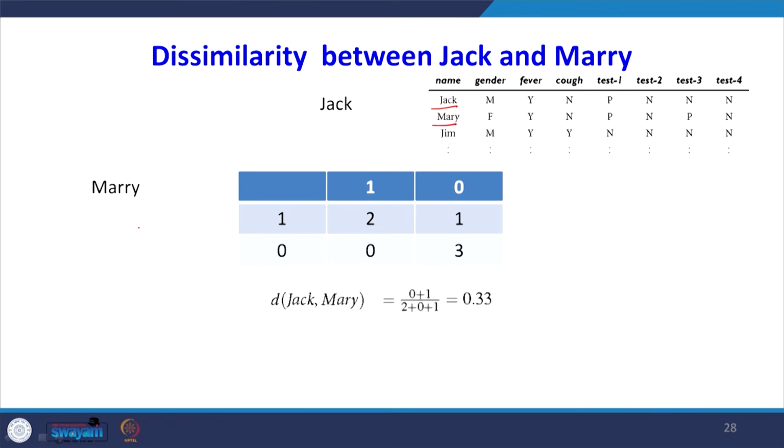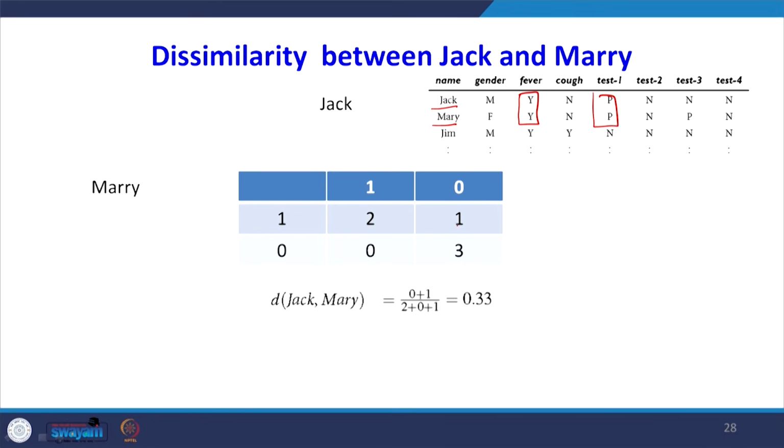For Mary there are two possibilities, 1 and 0, and for Jack there are also two possibilities, 1 and 0. Let us count how we got this 2. Mary is 1 and Jack is 1, and there are two such cases, so we write 2.